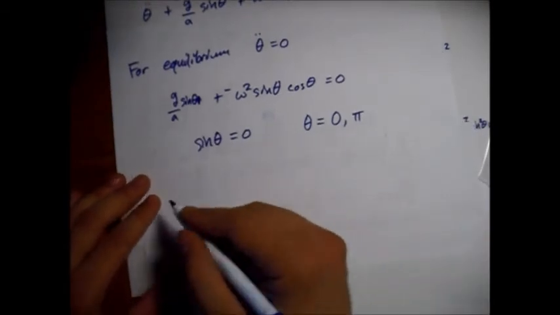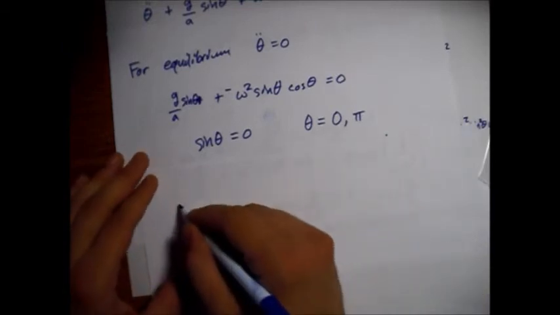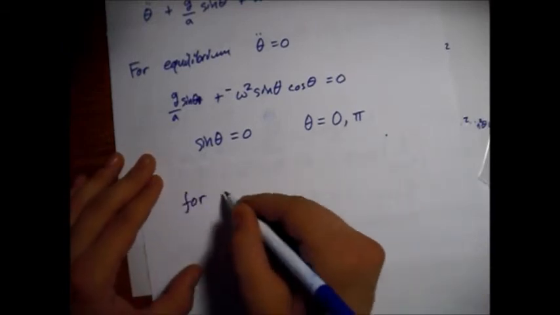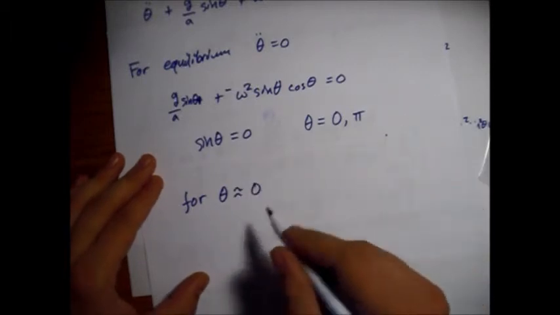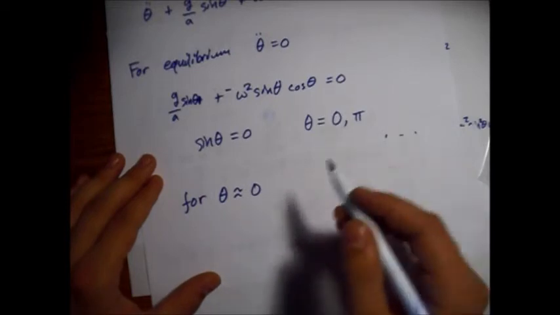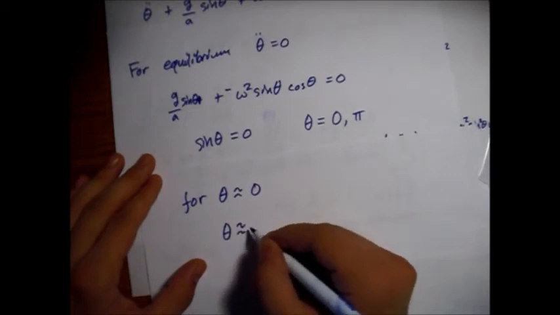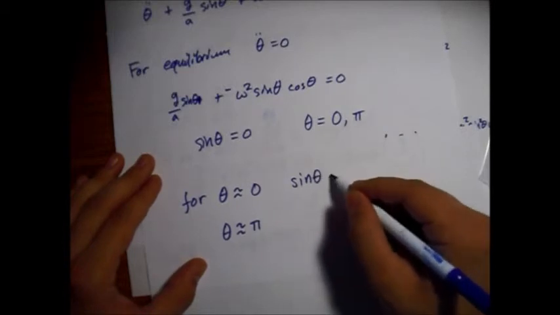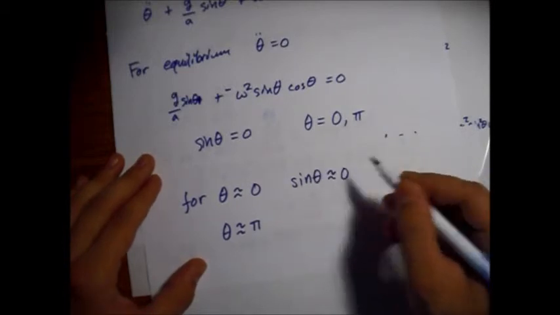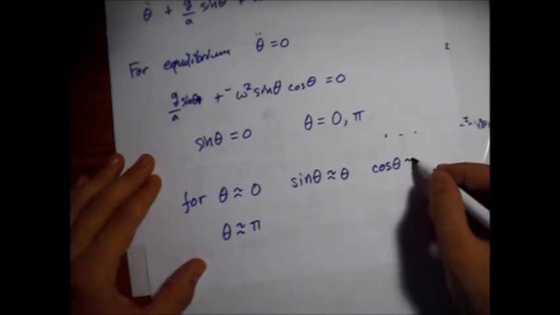So what we have here, for theta really close to 0, and for theta really close to pi. For theta really close to 0, sine of theta is going to be about theta, and cosine of theta is going to be about 1.